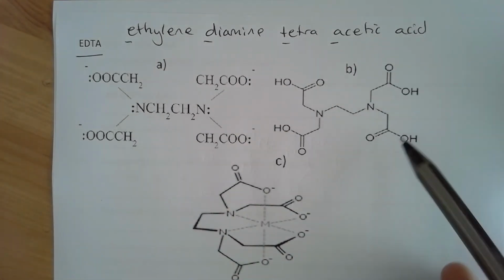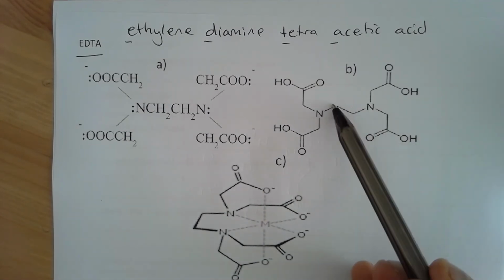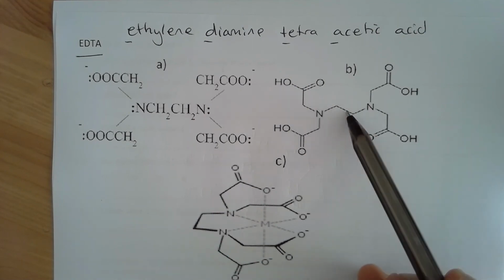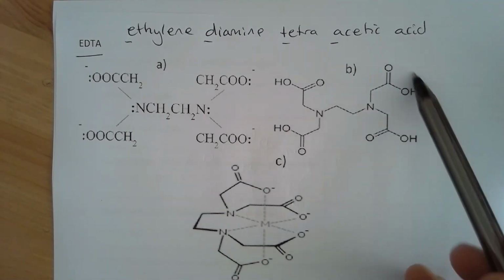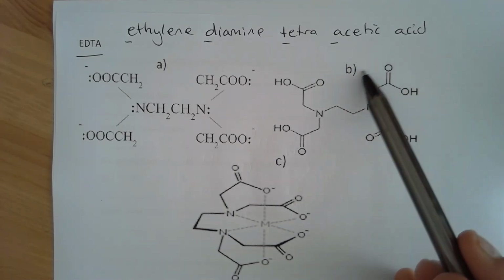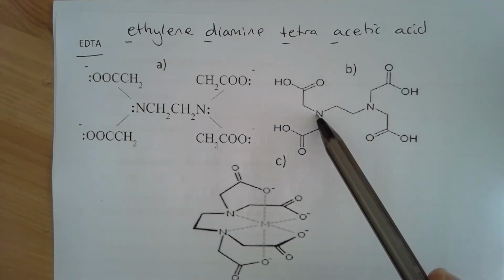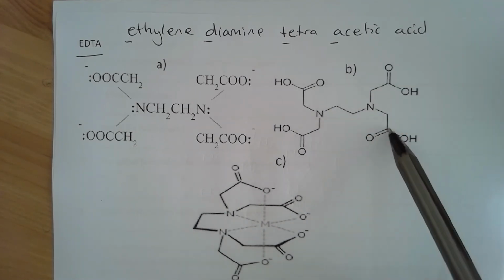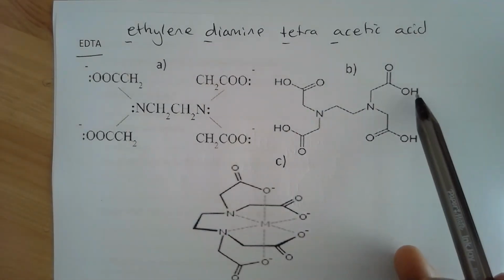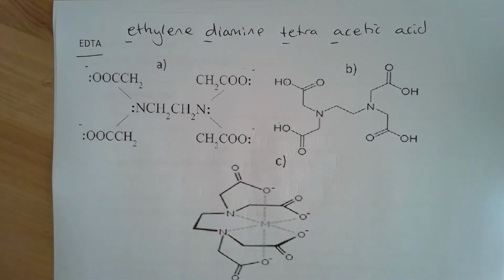The reason it's called ethylenediaminetetraacetic acid is that ethylenediamine is the non-IUPAC name, so the trivial name, for this group here, and then this group here, which we'd call an ethanoic acid group, its non-IUPAC trivial name is acetic acid. So we've got ethylenediamine 1, 2, 3, 4 tetraacetic acid, and this is it with hydrogens attached, and this is the ionized form.